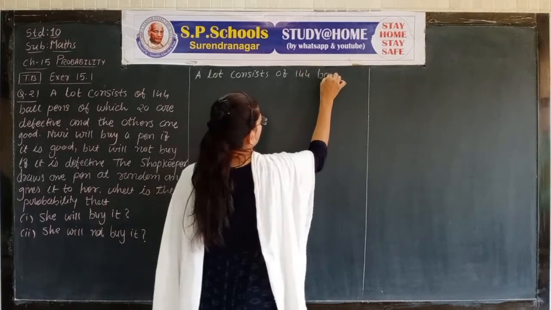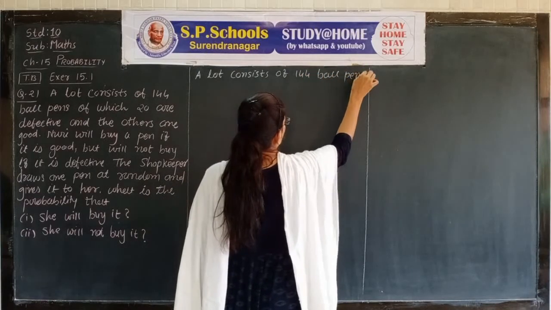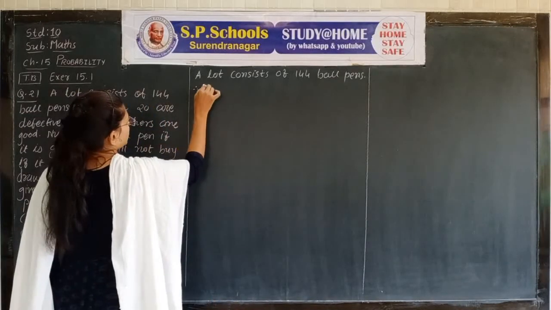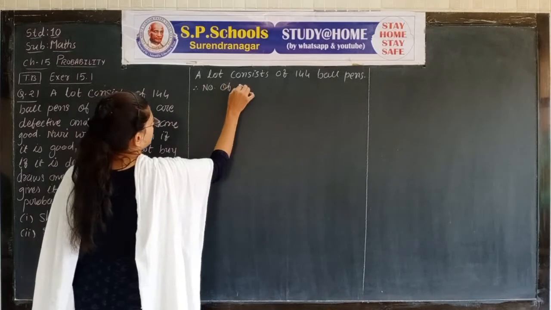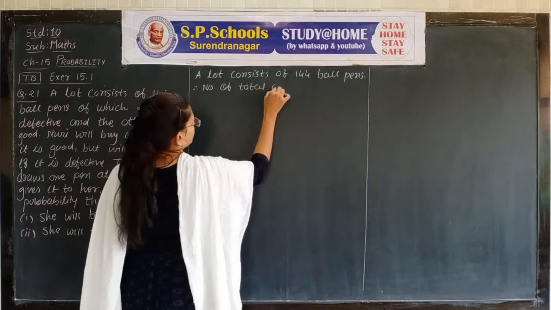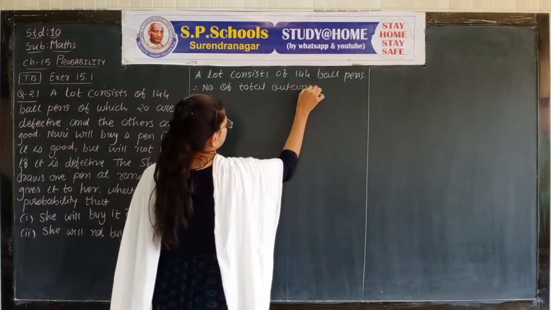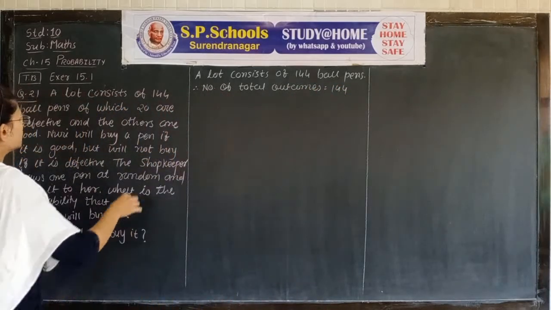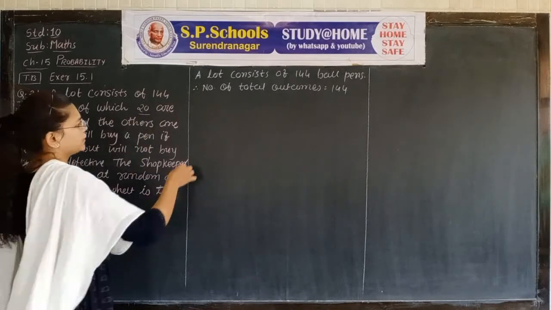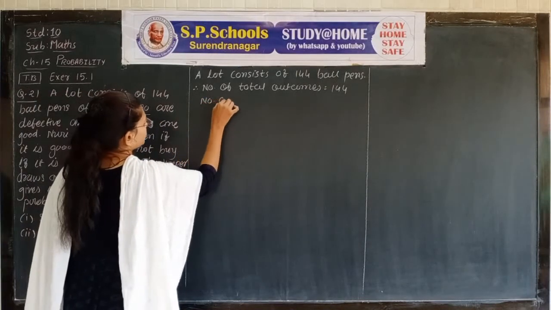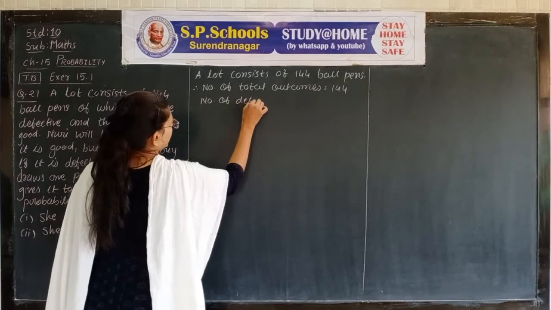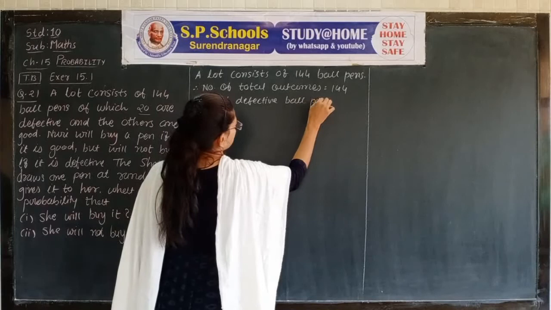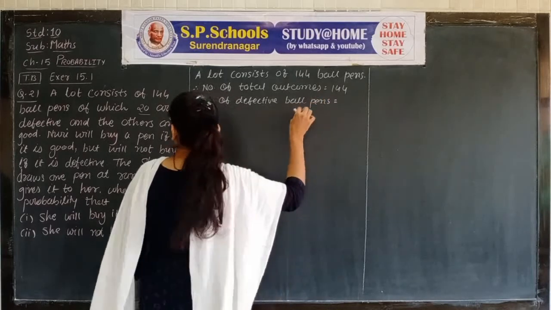Therefore, the number of total outcomes is equal to 144, in which it is given that 20 are defective ones, meaning the number of defective ball pens is equal to 20.